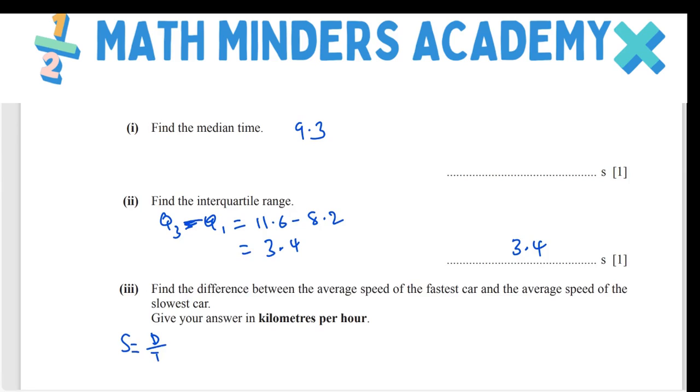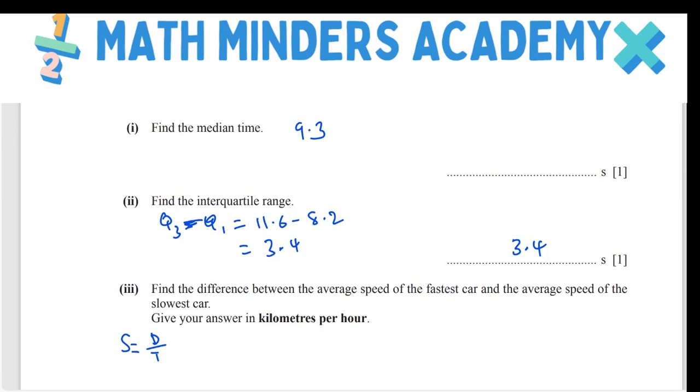The greater the time taken, the slower the car. The one that goes very fast saves more time, so it will have the least time.